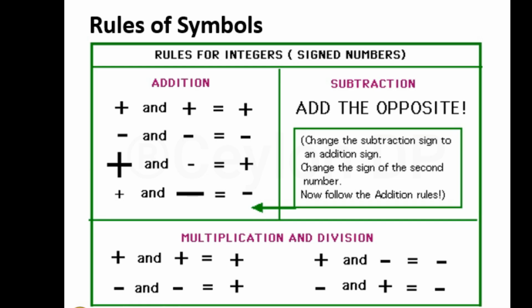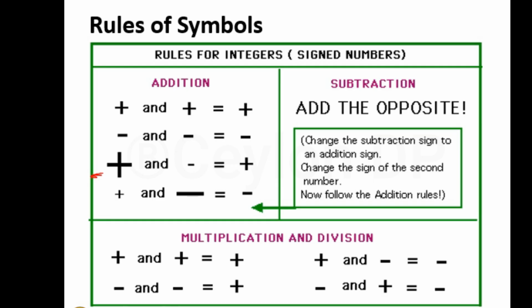ඒ වගේමයි rules of symbols, ධන සහ ඍණ සම්බන්ධතාවය. In here, addition, subtraction, multiplication, and division is there. When you are doing addition, if you add plus value and plus value, definitely it should be plus value. And minus and minus, if you add, it's a minus value. Plus value is very large and minus value is very low.